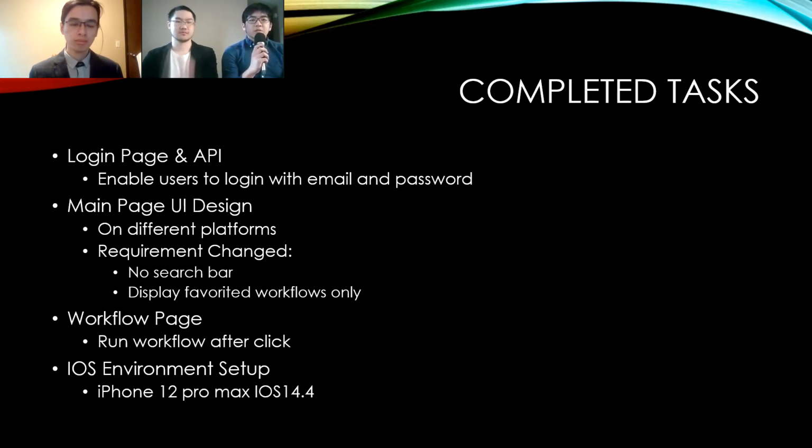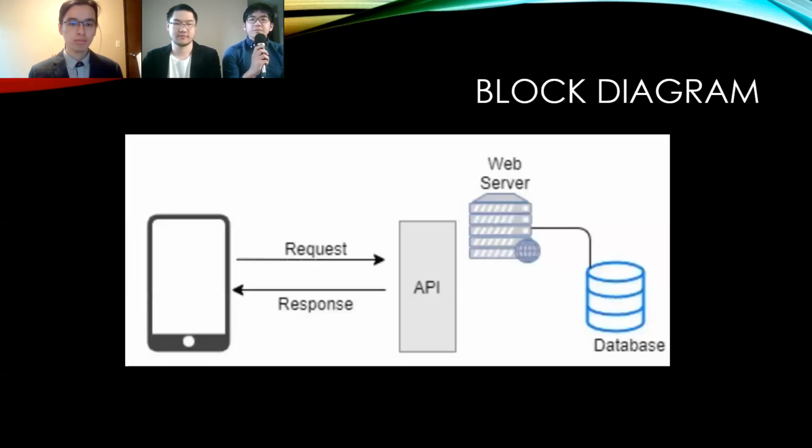And as for the workflow page, the user can run a workflow after the user clicks each workflow, and that will lead the user to another page that shows the result of that workflow. We also set up the iOS environment, which is an iPhone 12 Pro Max, iOS 14.4.